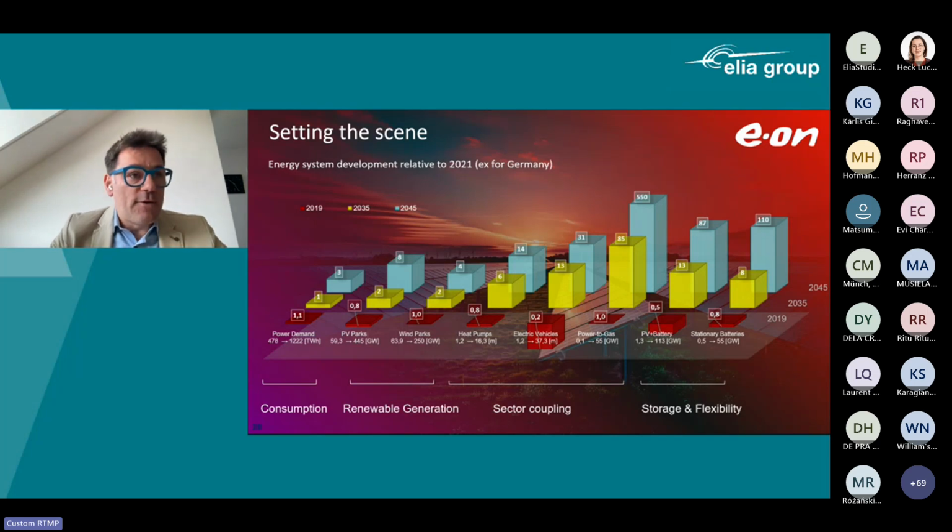Although it might not sound like a big number, we have to adapt the energy system for this 3-fold increase of demand in only 20 years. If you put in perspective how long it took to build the current energy system, about 100 years, it is still a big challenge.